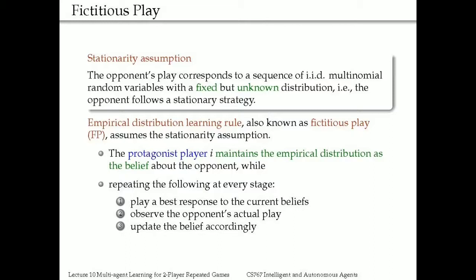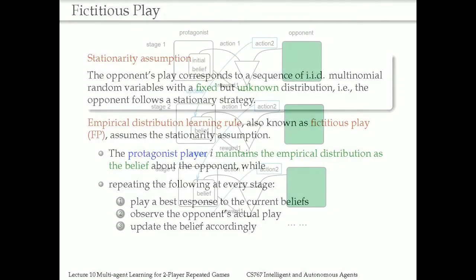First of all, it will play a best response to the current belief in the next stage of the game. Then, when the players enter the next stage, the protagonist player will observe what the opponent has chosen in that stage, and that action is fed back to the belief of the learning agent for the belief to be updated accordingly.